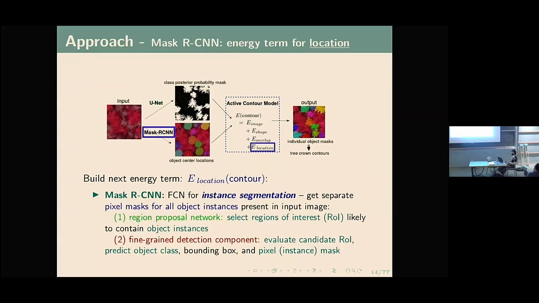These centroids are obtained from another state-of-the-art deep learning segmentation network called Mask RCNN. While these masks are not precise enough to accurately delineate the complex and intricate shapes of tree crowns, as we'll see in the experiment section, the centroids of these masks provide high-quality estimates of actual tree centers.